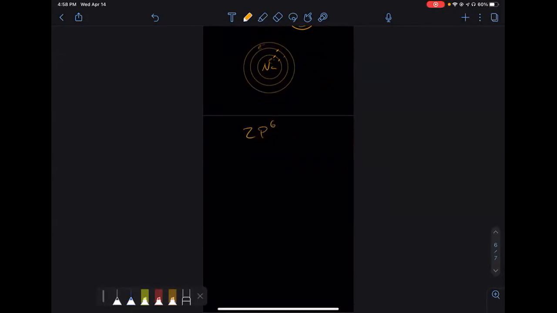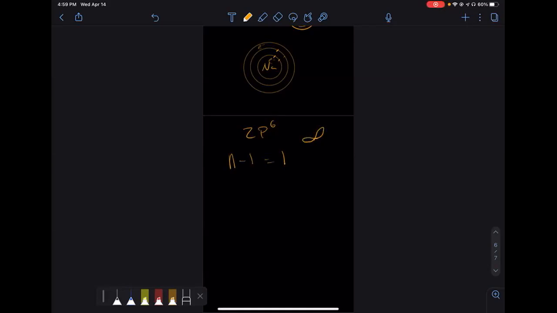So what that means is your total number of nodes is going to be n minus 1 equals 1 node, okay? And so it has 1 node total. This isn't going to have a spherical node, a radial node, because it's not a sphere, right? Because it's in the p orbital and it looks like something like this.